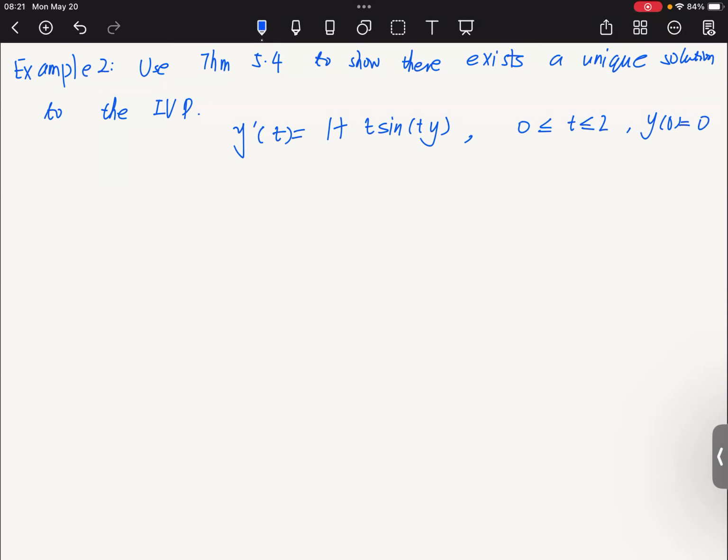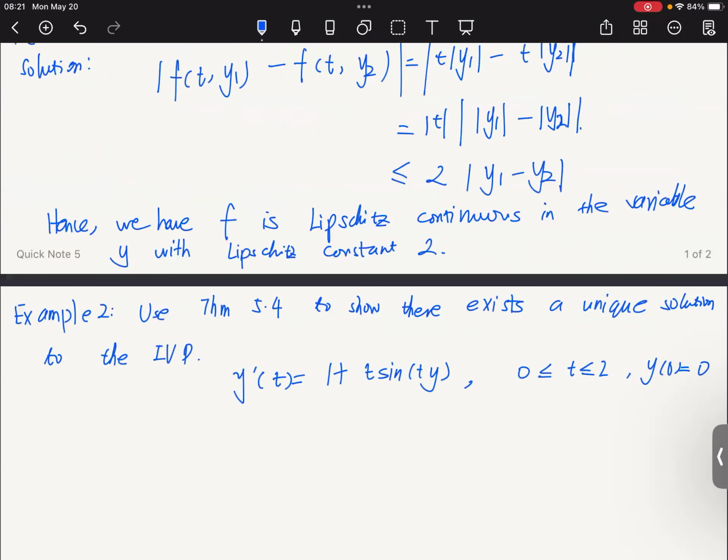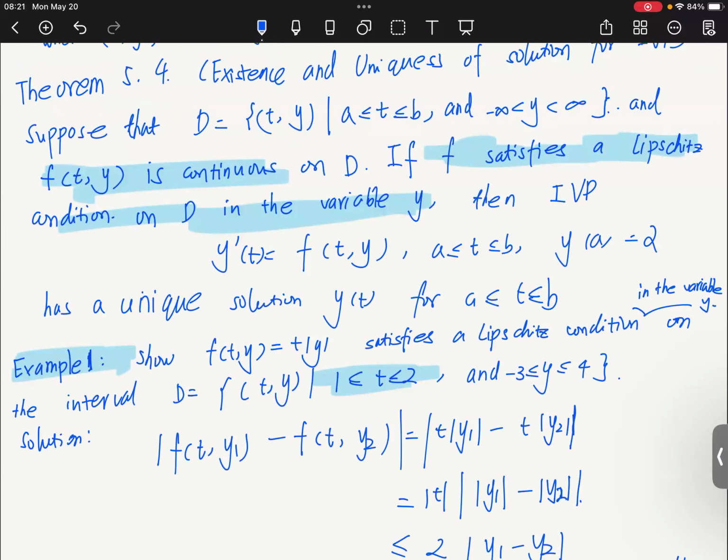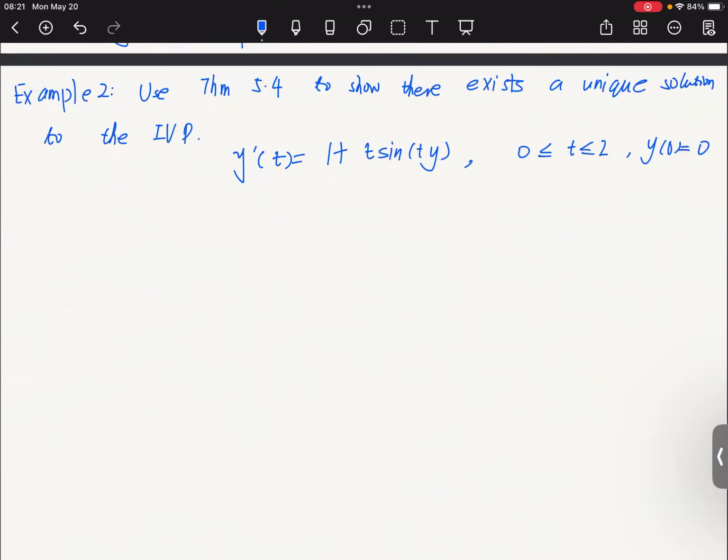As you can see in the theorem statement, it doesn't matter what the initial value is for this IVP. What matters is just the f function. We have some conditions on the f function, so we are going to double check them.